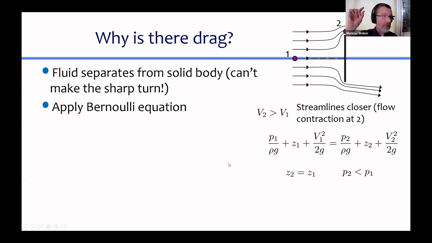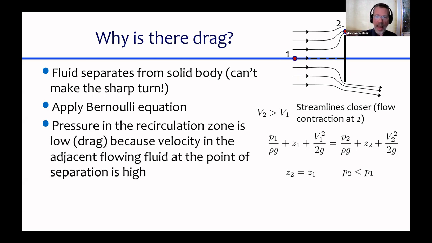So P2 in the streamlines at the point of separation is low. And if you just travel a tiny bit across the streamline into the wake, your pressure is not going to change significantly. And so the pressure in the wake is also low.